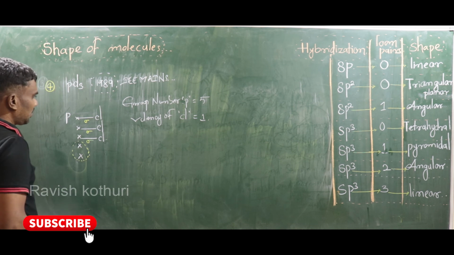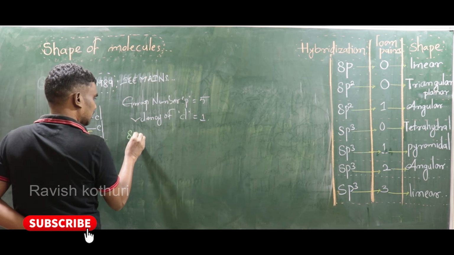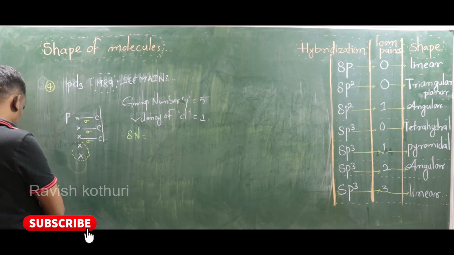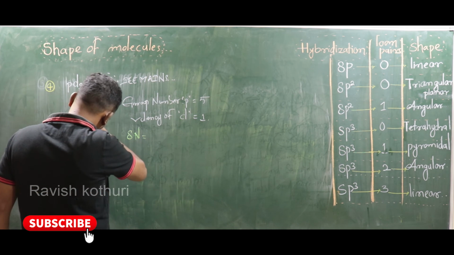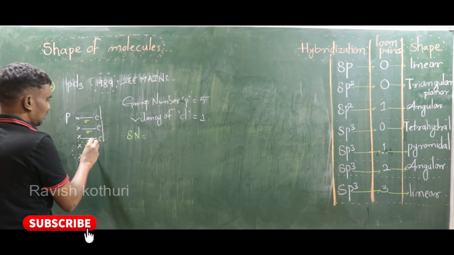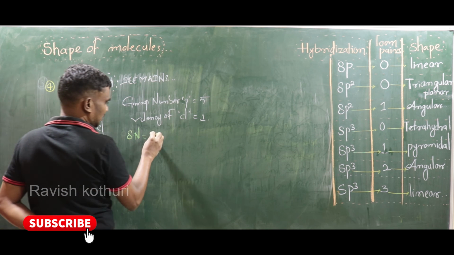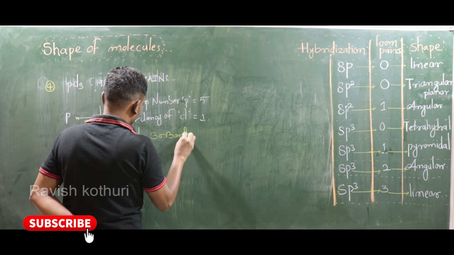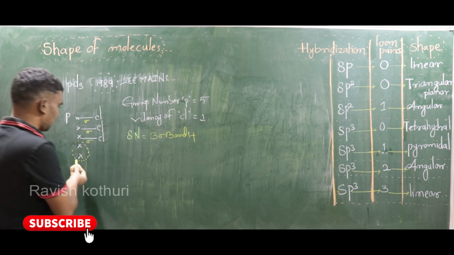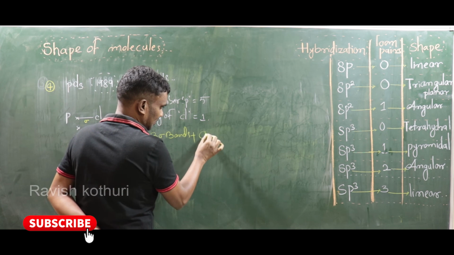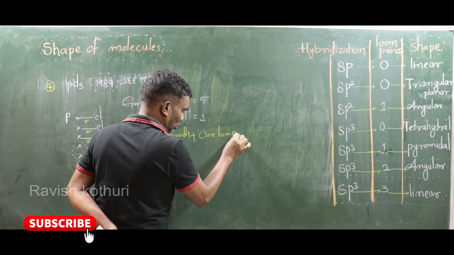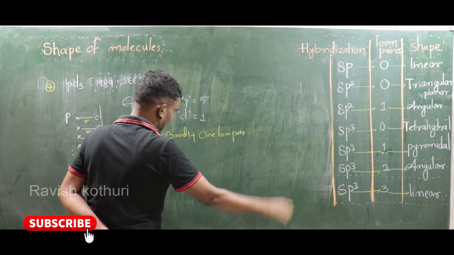Here, observe carefully. What about the steric number? Steric number equal to the number of sigma bonds plus lone pairs. How many sigma bonds are there? 3 sigma bonds plus 1 lone pair, right?